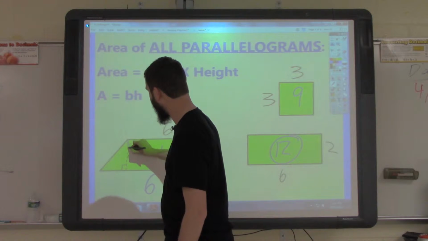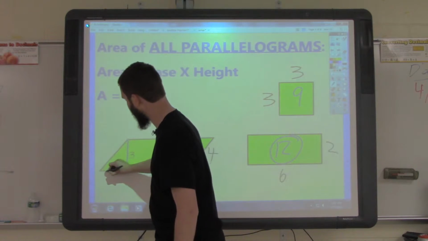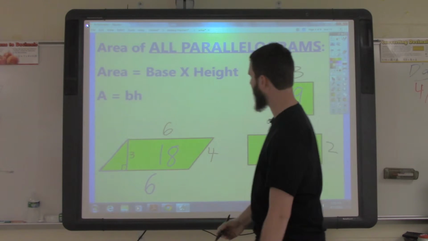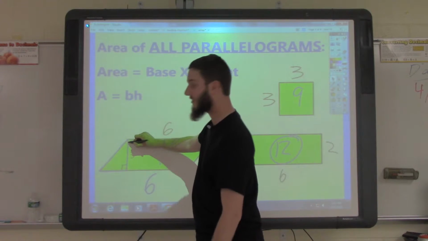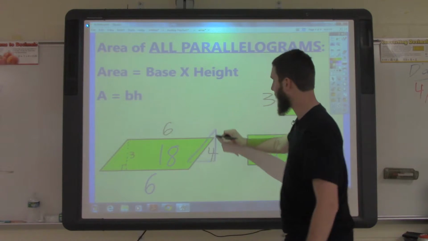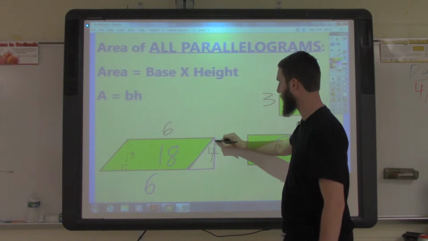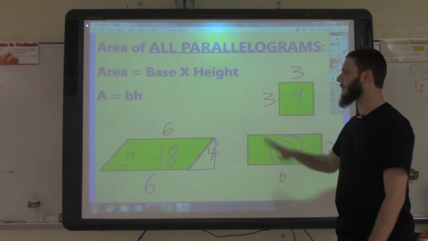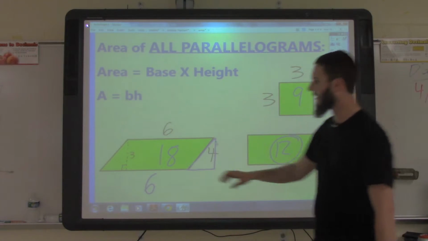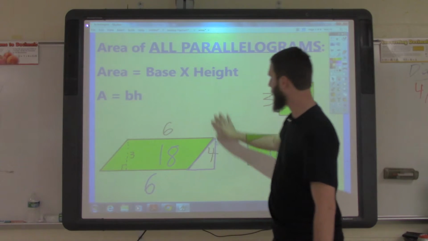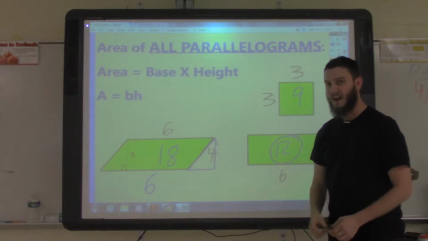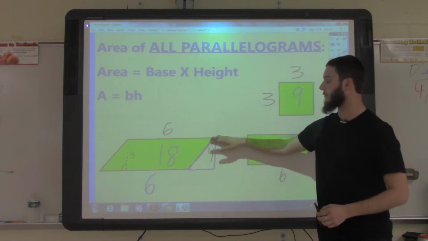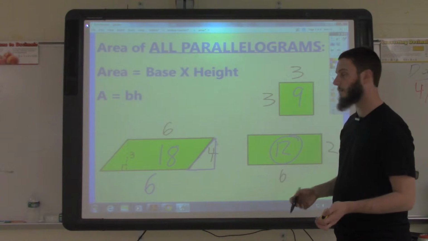If I were to draw a nice neat triangle, or as nice of a triangle as I possibly can, given the fact that I have absolutely 0 artistic ability, I can take this triangle and place it over here on the other side of this parallelogram, and well, you can imagine that if I had any artistic ability whatsoever, and I took this completely off and moved it over here, I would suddenly have a perfect rectangle with a base of 6 and a height of 3. I wouldn't need that 4 anymore.